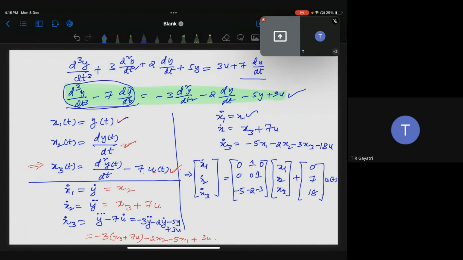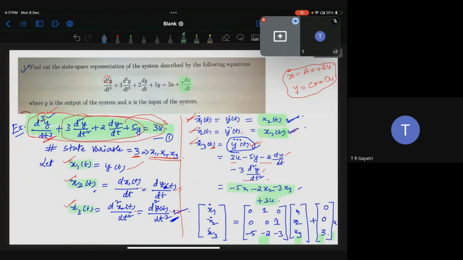Yes, sir. Okay, so what is the key point here? Whenever the derivative terms of the input are also included, choosing X3 is important. Previously, when we had only 3u, I directly chose X3 as d square y by dt square.